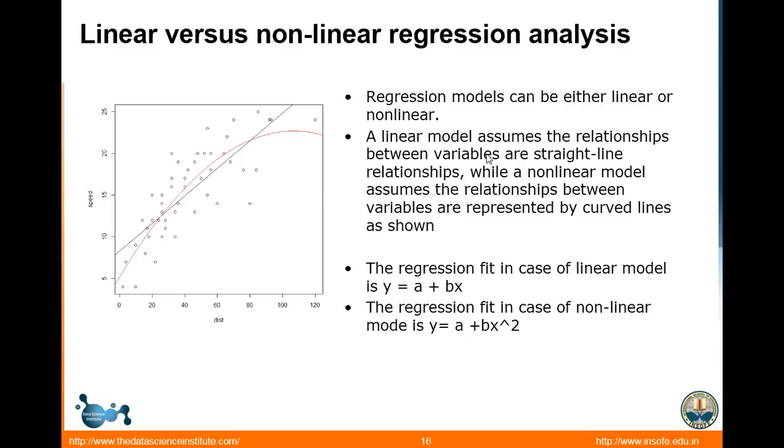A linear model assumes the relationship between variables is a straight line relationship, while a non-linear model assumes the relationship between the variables is represented by curved lines, or it can be a quadratic or polynomial equation.